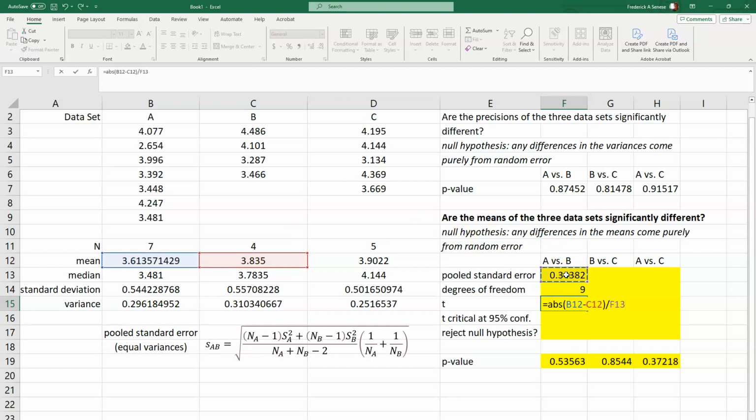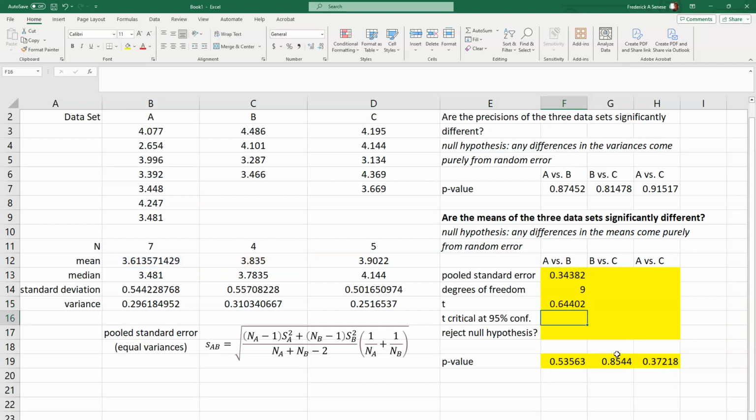That's my t-value. So it's the difference between the means divided by the pooled standard error. And we take the sign off of it with the absolute function there. So there's my t-value. Now I need a critical t-value to compare that to. If my t is bigger than this critical value, then I can reject the null hypothesis with 95% confidence.